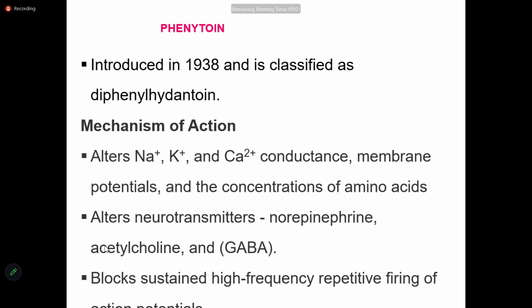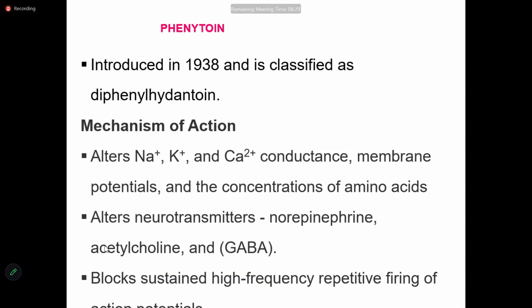They also have some influence on neurotransmission, where they influence the accumulation of norepinephrine, acetylcholine, and GABA. Any drug which reduces the action potentials works through GABA, because GABA is an inhibitor. But they must also reduce the actions of catecholamines like norepinephrine or acetylcholine.